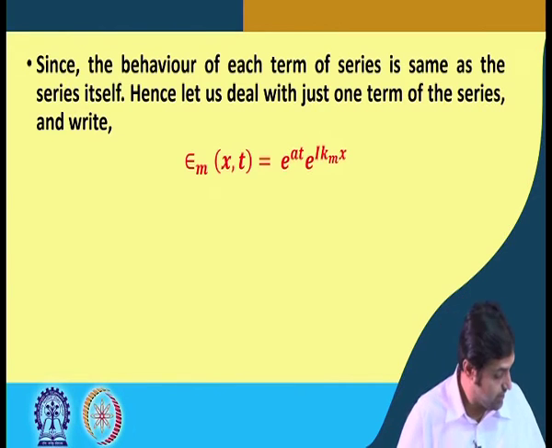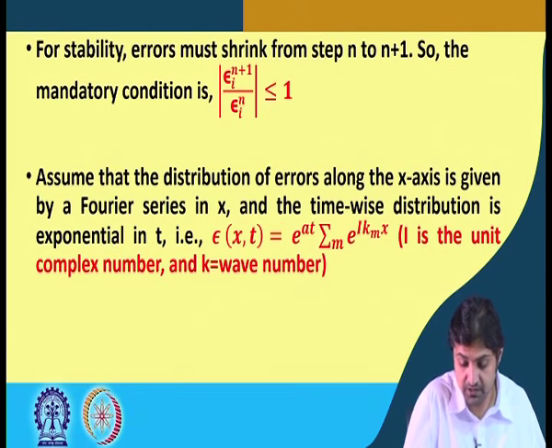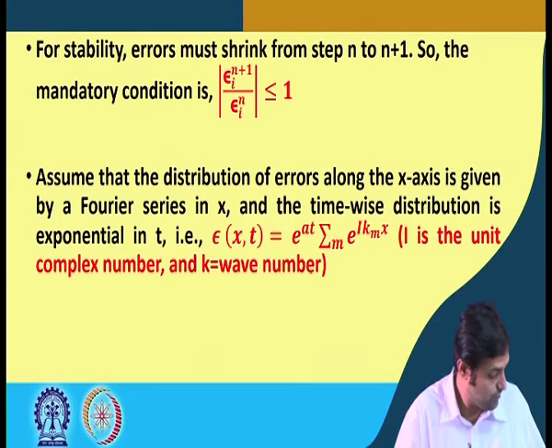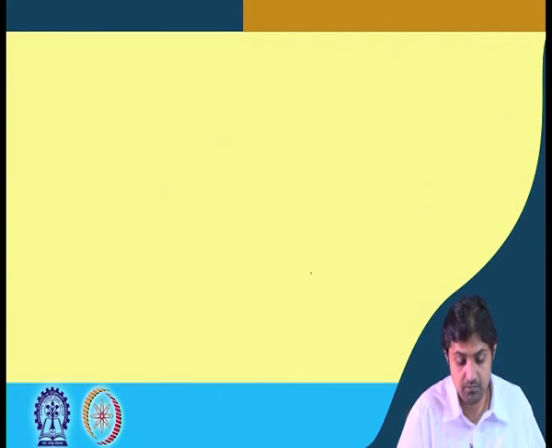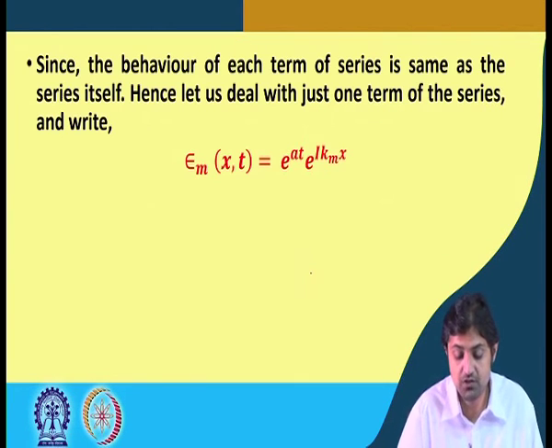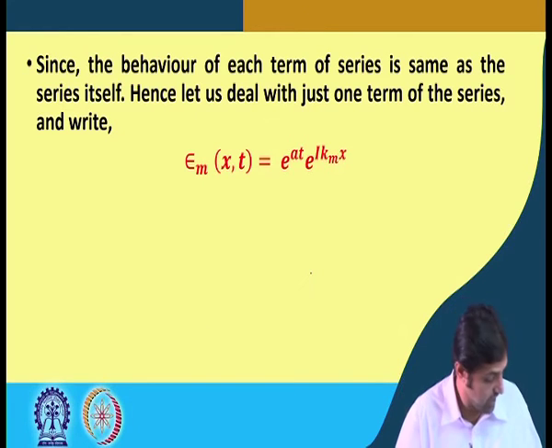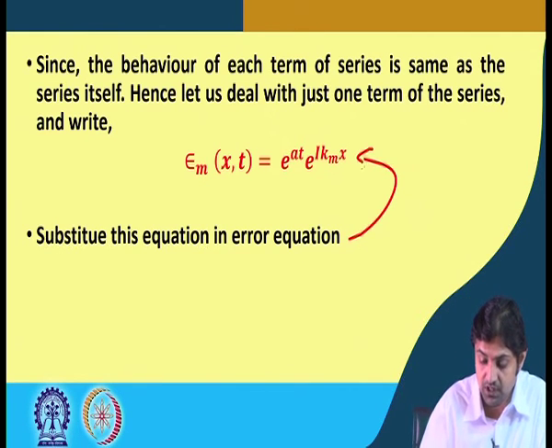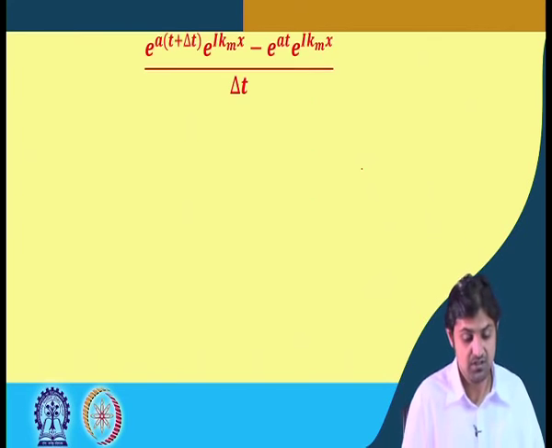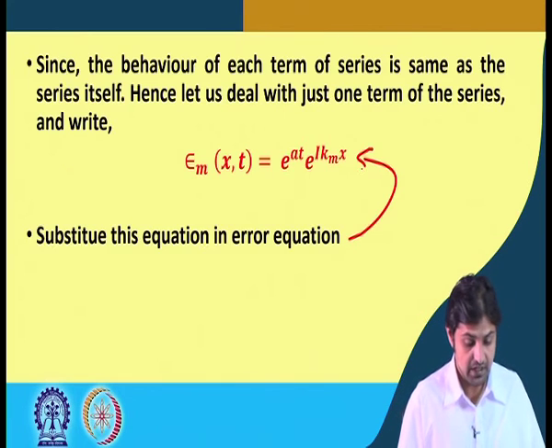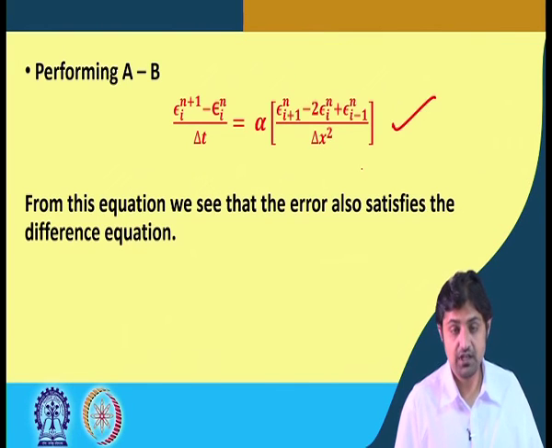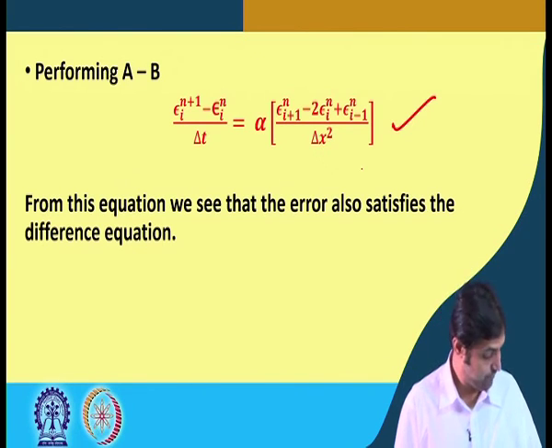There are a lot of terms in this series, right? epsilon(x, t) is the sum of e to the power i k_m x terms. So we use only one term, and we write epsilon_m(x, t) is e to the power a t, e to the power i k_m x.